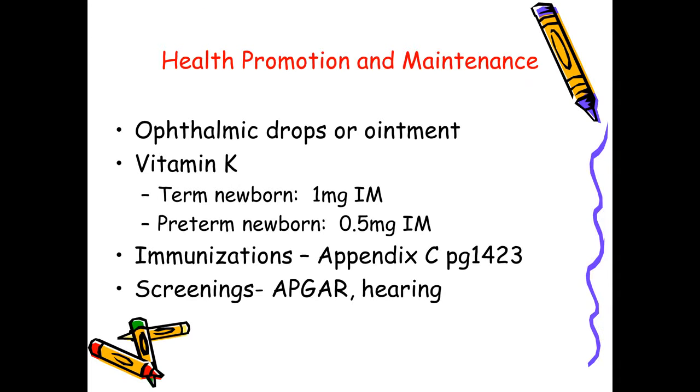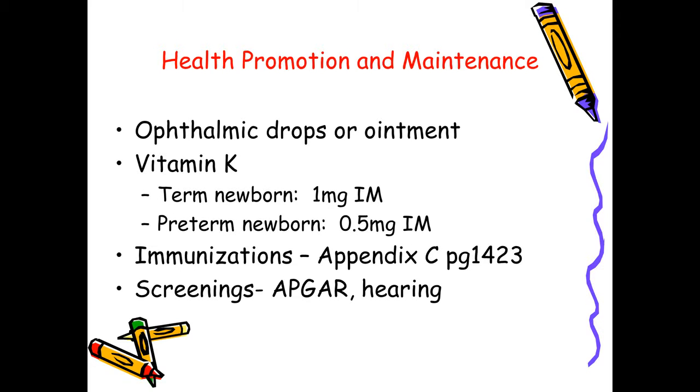Once again, infants are treated with erythromycin drops or ointments to prevent any cross-contamination during vaginal births to any STDs. They are also given vitamin K, and this injection is administered immediately following birth. It is given IM.